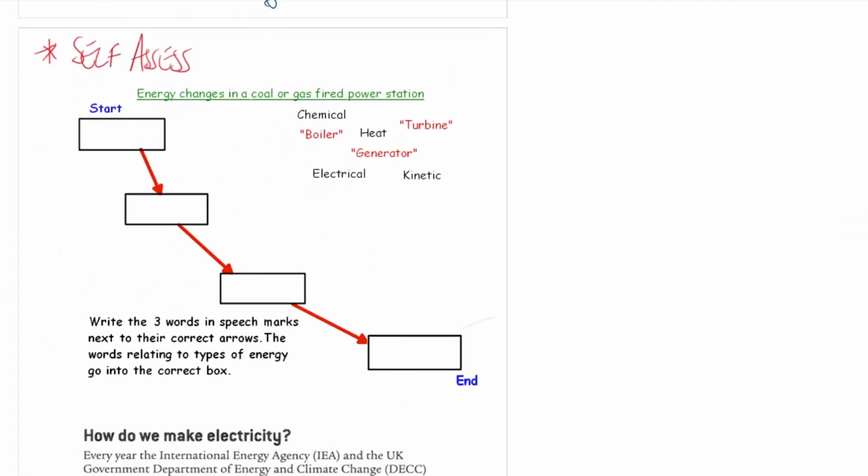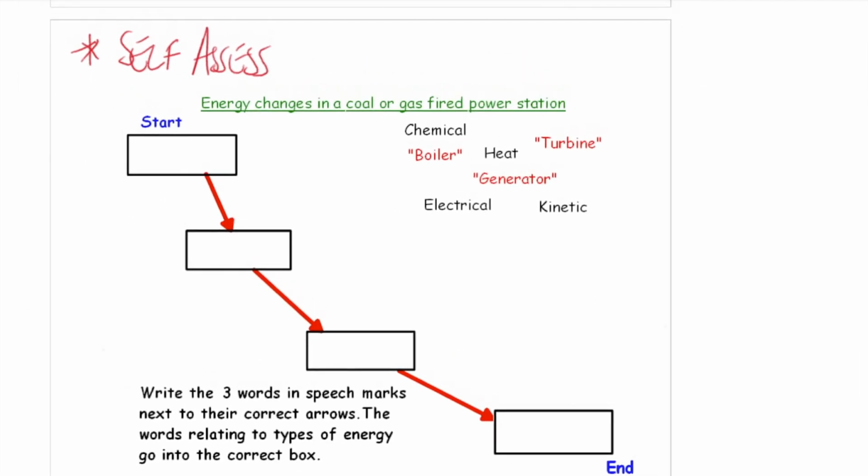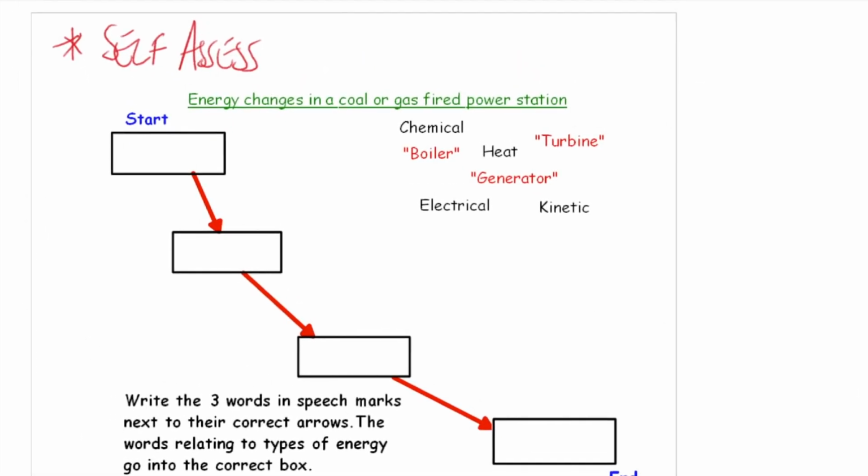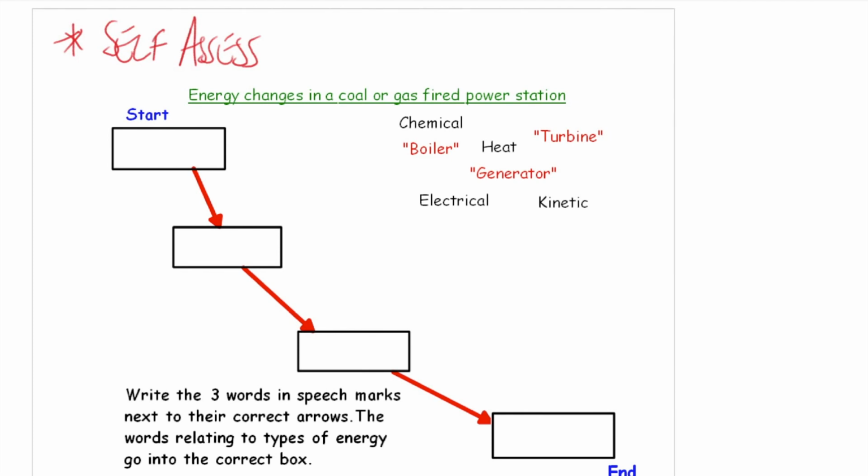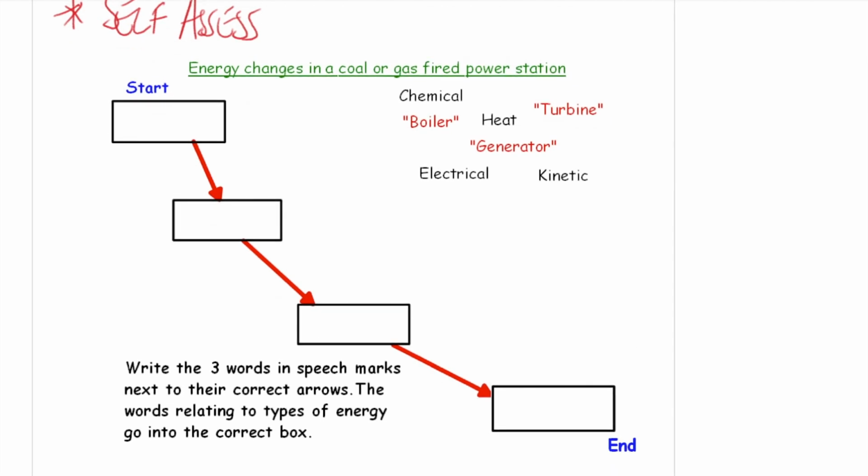On to page 7. This is a self-assess. So what you need to do, the explanation, or I should say the instructions are here. Write the 3 words in speech marks next to the correct arrows. So there's 3 arrows and there's 4 boxes.